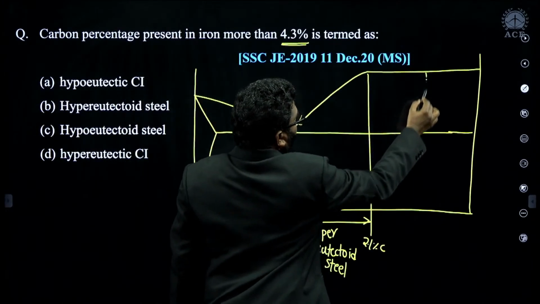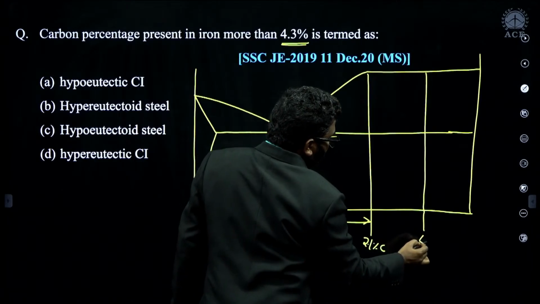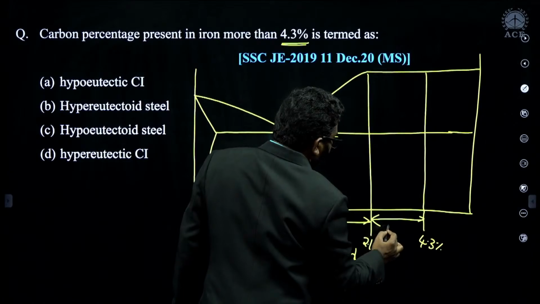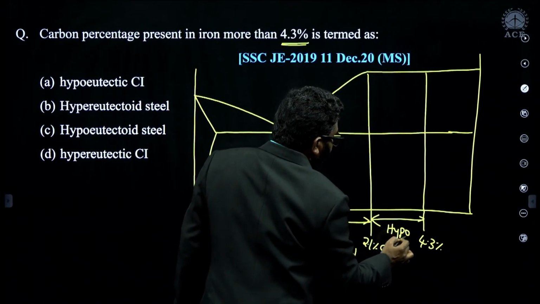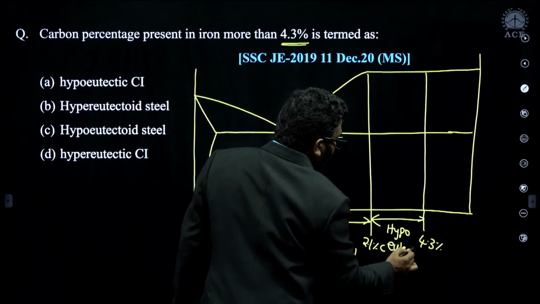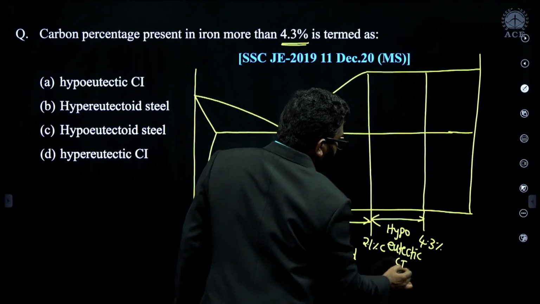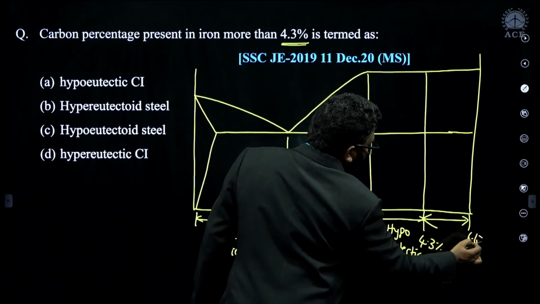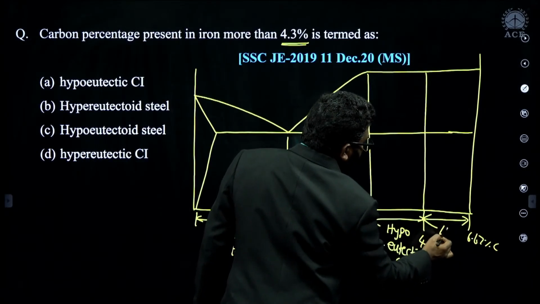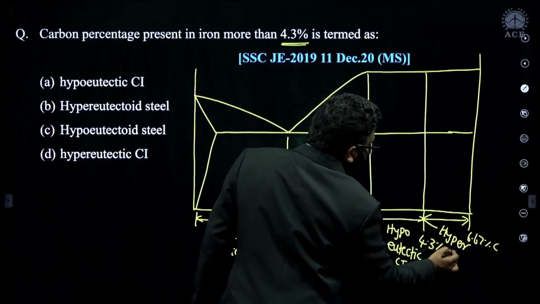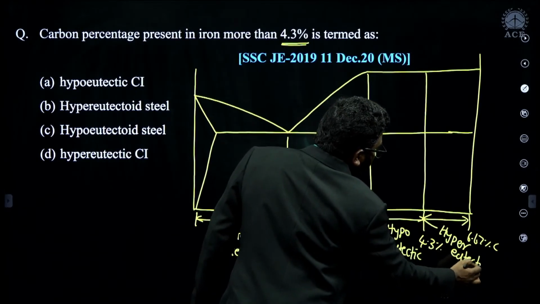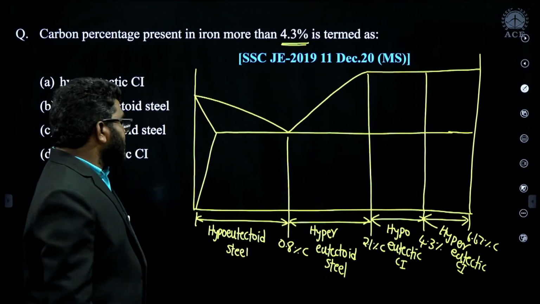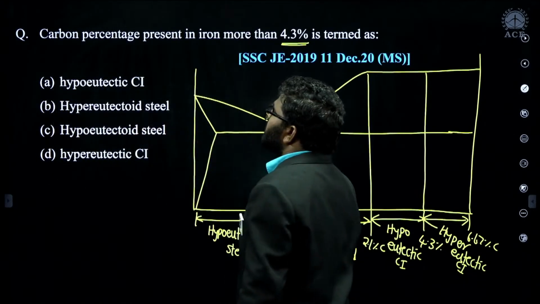From 2.1 to 4.3% of carbon, it is hypoeutectic cast iron. From 4.3 to 6.67, it is known as hypereutectic cast iron.